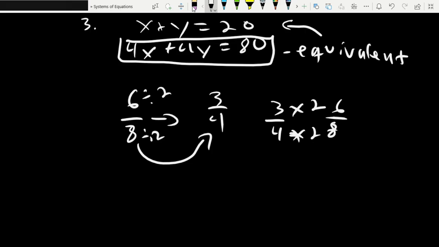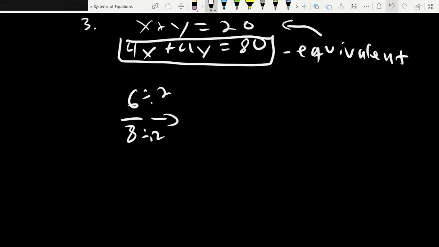So you see how these are proportional to each other, just like these two equations here. These two equations are just equivalent forms of each other. So what's that going to mean? That means that they're actually going to overlap, so you're going to have infinitely many solutions.